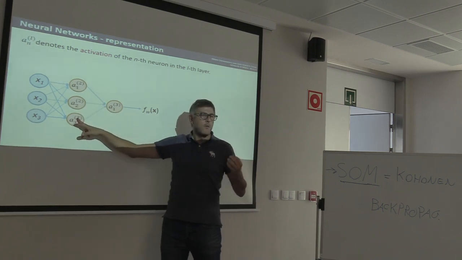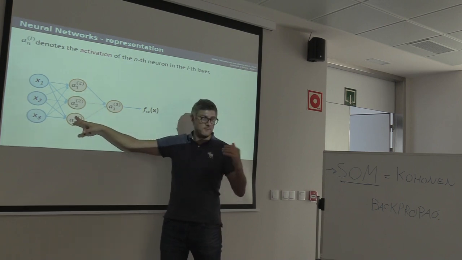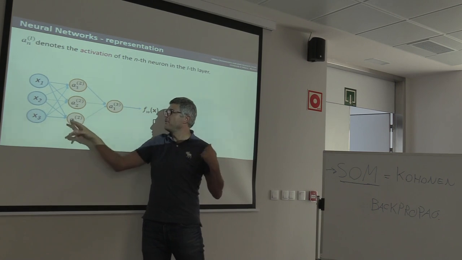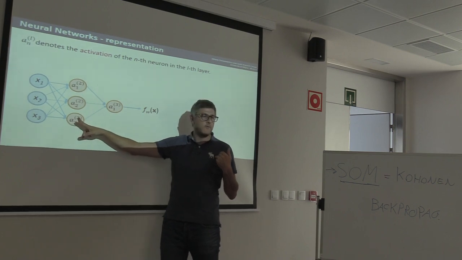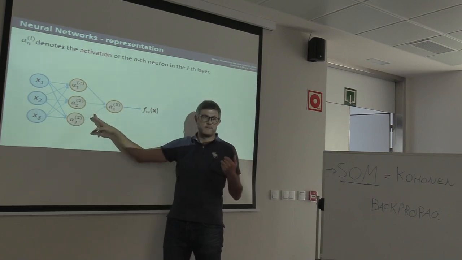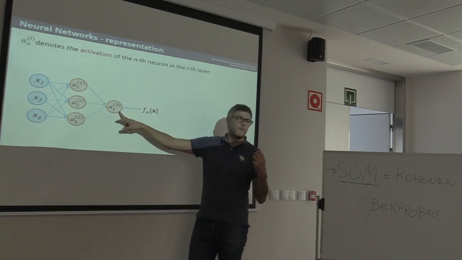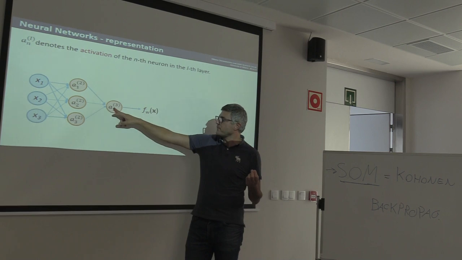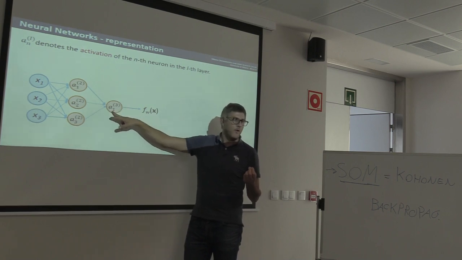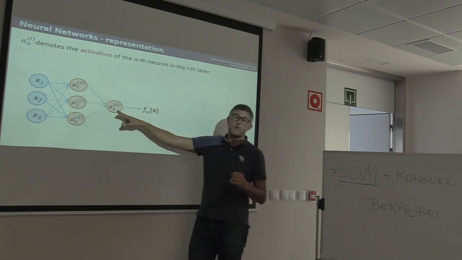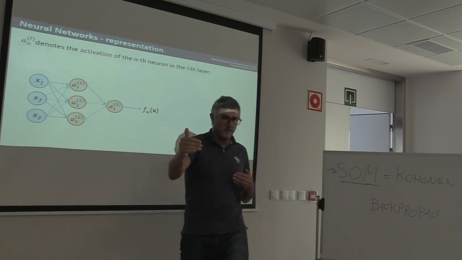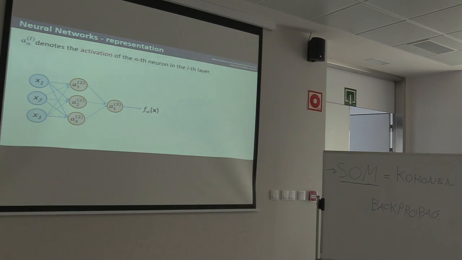So again, we will use a logistic function with a linear combination of these 3 inputs, which were the activation functions of these neurons. So we will do a linear combination of these 3 activation functions with 3 weights. And we will get this one, which is the activation function for the only neuron we have in the 3rd layer, which in this architecture is the output layer. Okay? This is how the information is propagated.